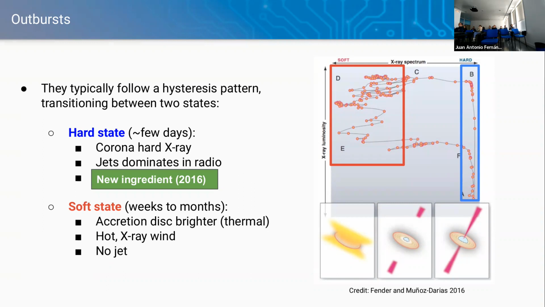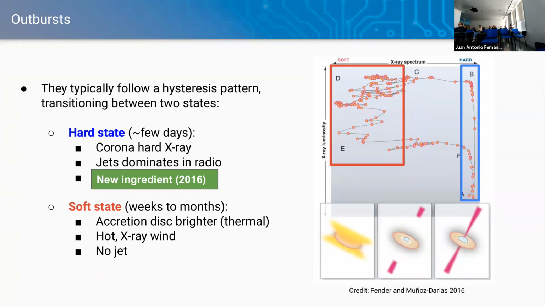But if you look at the other state, the soft state, you will see that no jets are present. The main contribution in the X-rays is coming from the accretion disk, so you actually don't see the corona. And people also noticed that there were some hot X-ray winds. When they were taking the X-ray spectrum, they were able to build a full spectrum and to see some absorption lines.